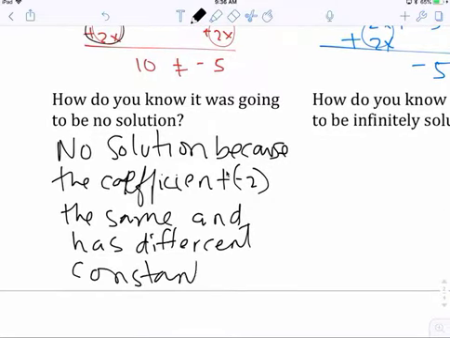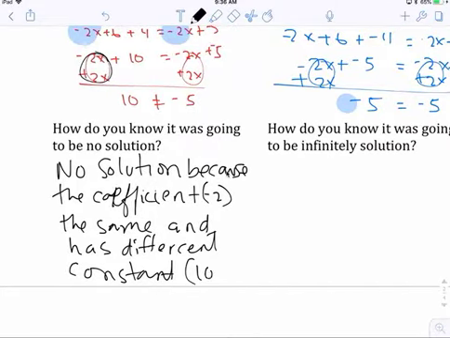And the constants here are 10 and negative 5.